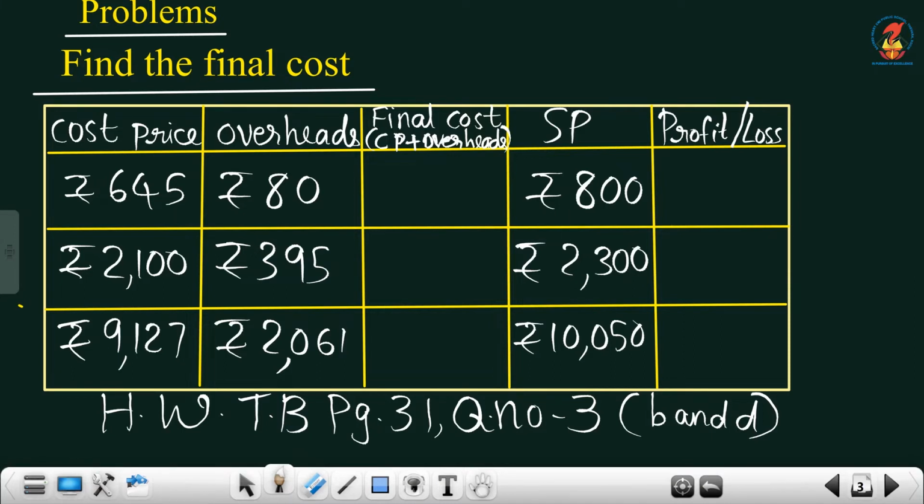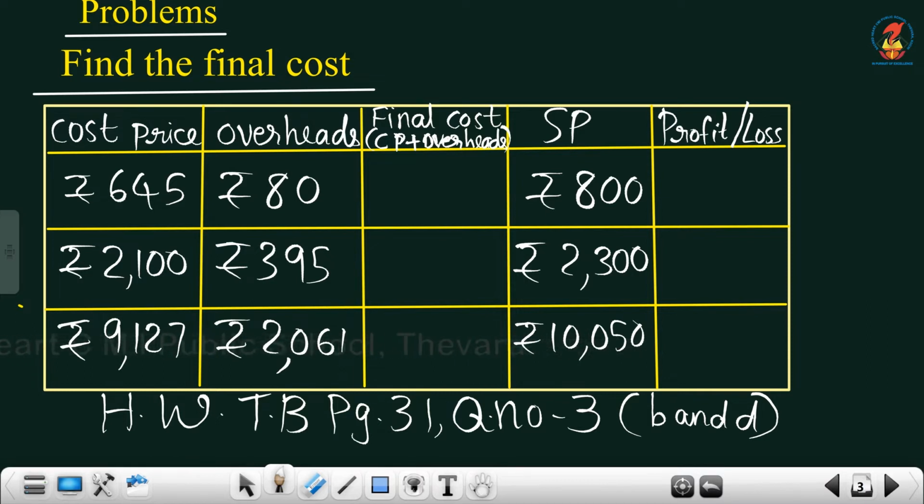First, the cost price is given in the question and overheads are given in the question, and we need to find what? Final cost. The final cost formula is what? CP plus overheads. Here overheads are how much? Rupees 80. And the cost price is how much? 645. First I need to find the final cost.